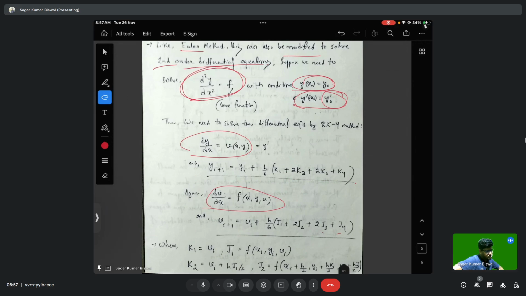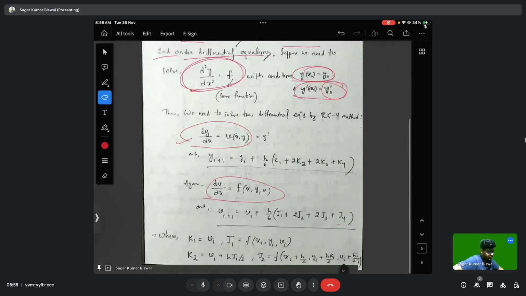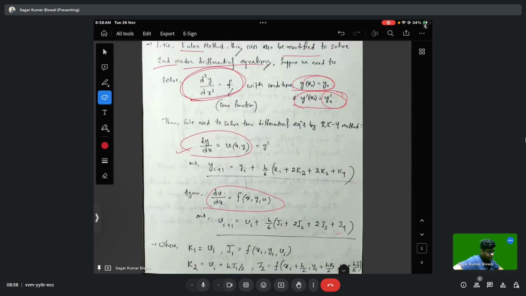And how do you solve this first differential equation using the RK4 method? Here K1 will be u at x0, y0.